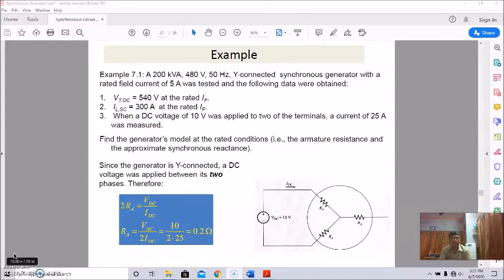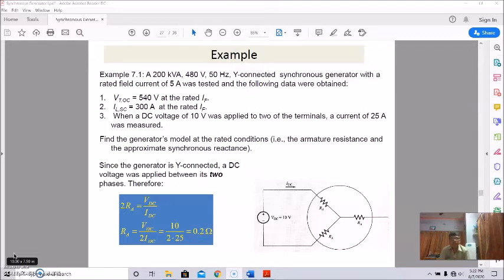The terminal voltage at open circuit is 540 volt at rated IF, that is 5 ampere, and the line current at short circuit is 300 ampere at rated IF. When a DC voltage of 10 volt was applied to two of the terminals, a current of 25 ampere was measured. We have to find the generator's model at the rated condition, that is, the armature resistance and the approximate synchronous reactance. So this is the problem given.